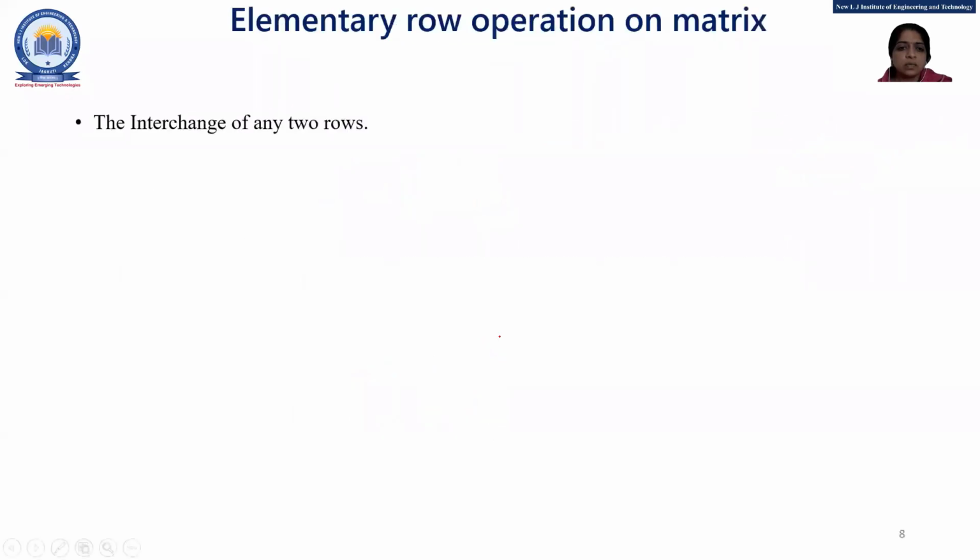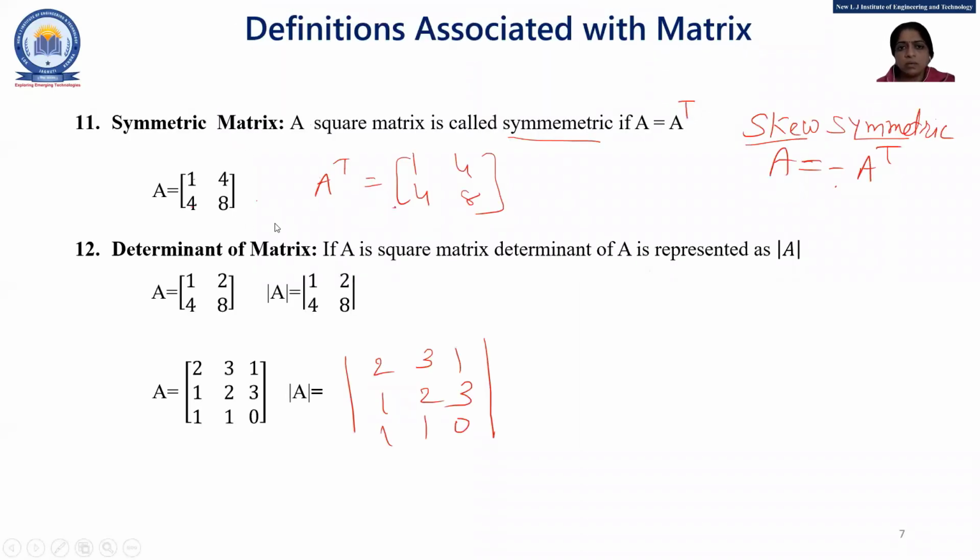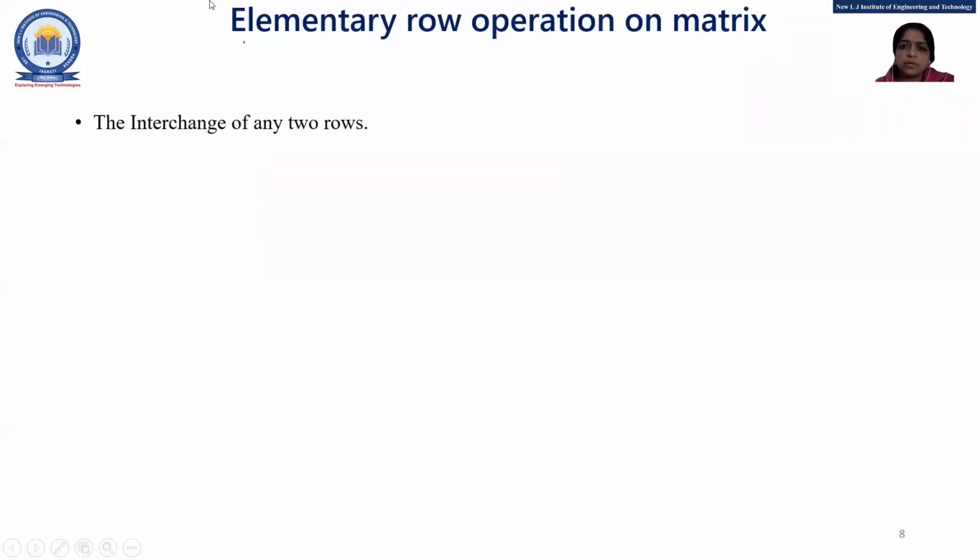Next, this is the elementary row operation on matrix. So, students, till now we have learned different kinds of matrix, right? Now, this is the elementary row operation on matrix.